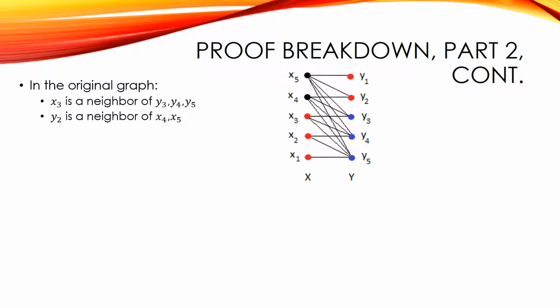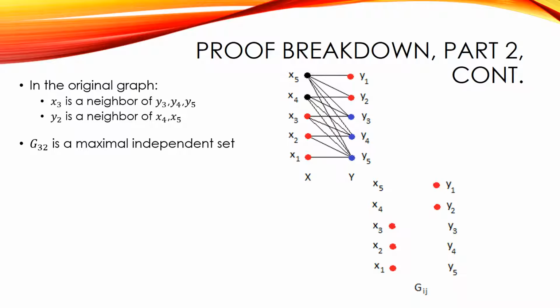Y sub 2 is a neighbor of x sub 4 and x sub 5, the two black vertices. Then G sub 3, 2 is a maximal independent set. And again, the 3 means the first 3 x vertices, and the 2 means the first 2 y vertices.